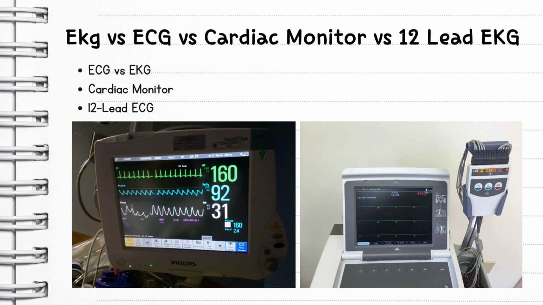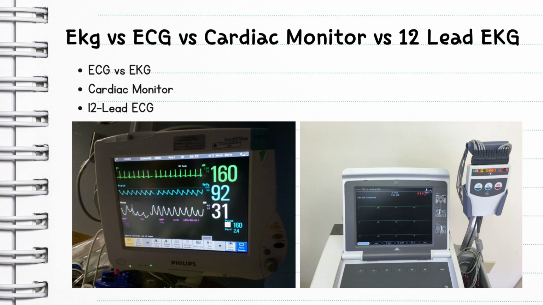The 12-lead ECG provides a more comprehensive assessment of the heart's electrical activity by recording electrical impulses from 12 different angles. Sometimes we also refer to these as leads, the angle from which the electricity is coming. These 12 leads provide a complete view of the heart's electrical activity from different perspectives, which helps in diagnosing conditions like myocardial infarctions, ischemia, and various arrhythmias.